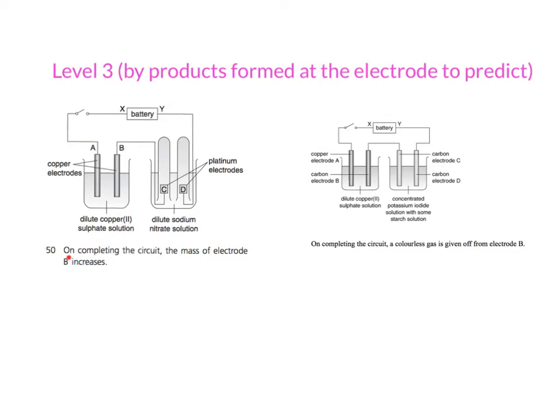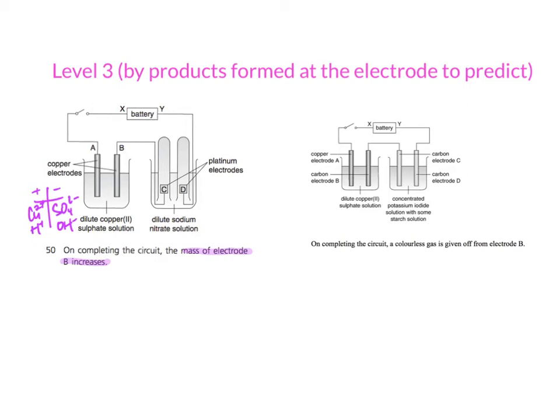In the questions, normally the first statement will say, on complete circuit, the mass of electrode B increases. This is a statement that we have to pay attention to. Mass of B increases. So what do we have in the electrolyte? In the electrolyte, you got Cu2 plus, H plus, SO4 2 minus, and OH minus. Based on the concept of preferential discharge due to the position in the ECS, Cu2 plus has a lower position than H plus, so therefore it will be preferentially discharged.